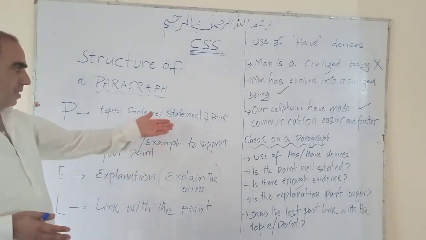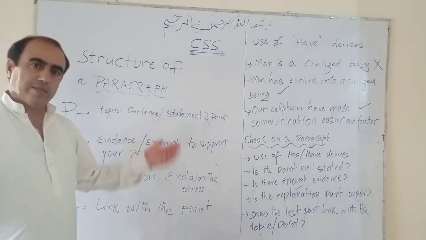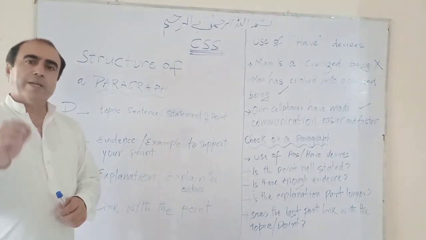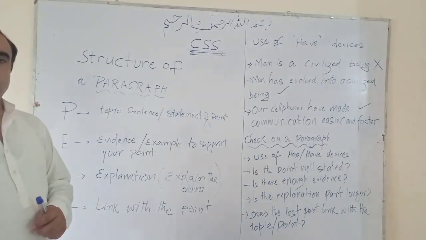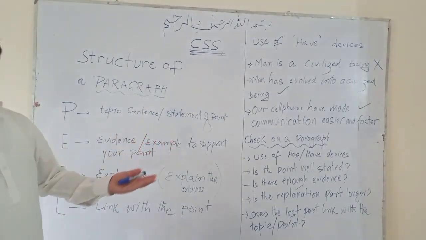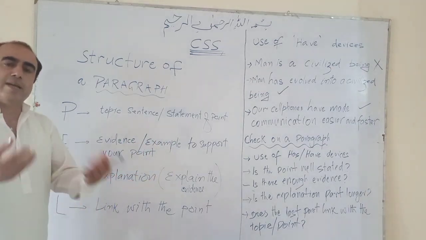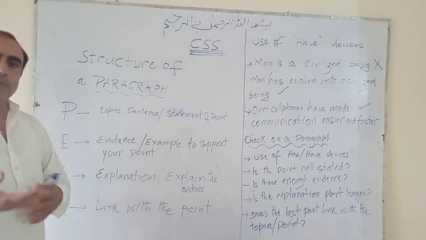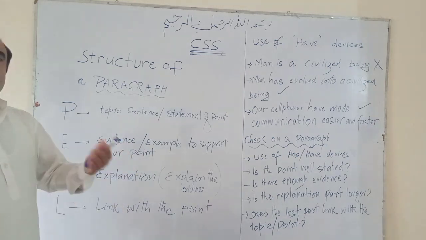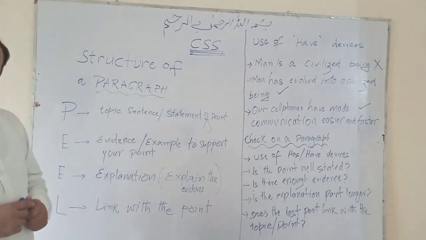If there is no evidence, there is no point in your point. It doesn't work. Your examiner does not buy your idea. He says that it is just a statement. The writer, the student, has not come up with evidence. He doesn't have support for it.